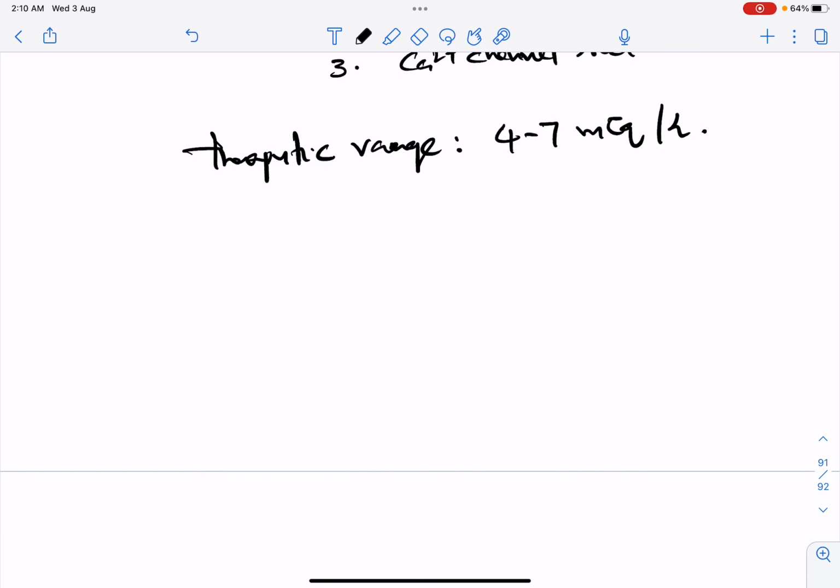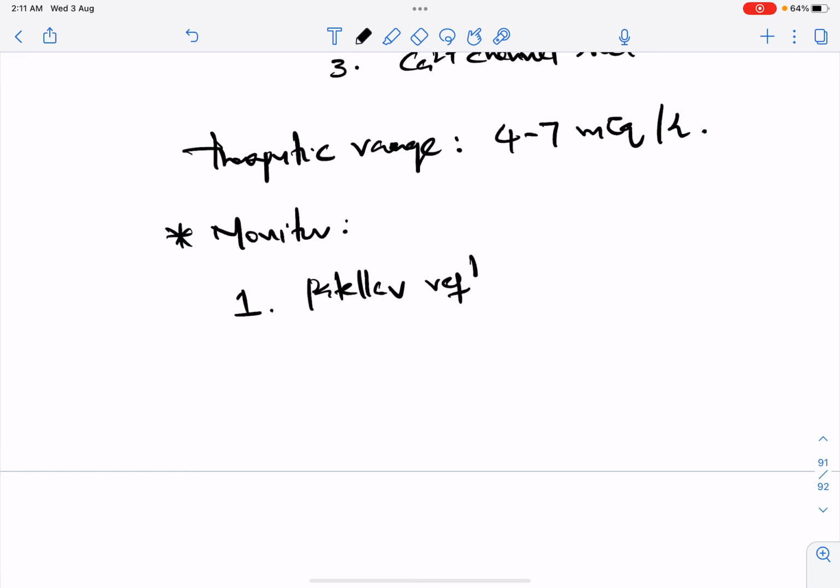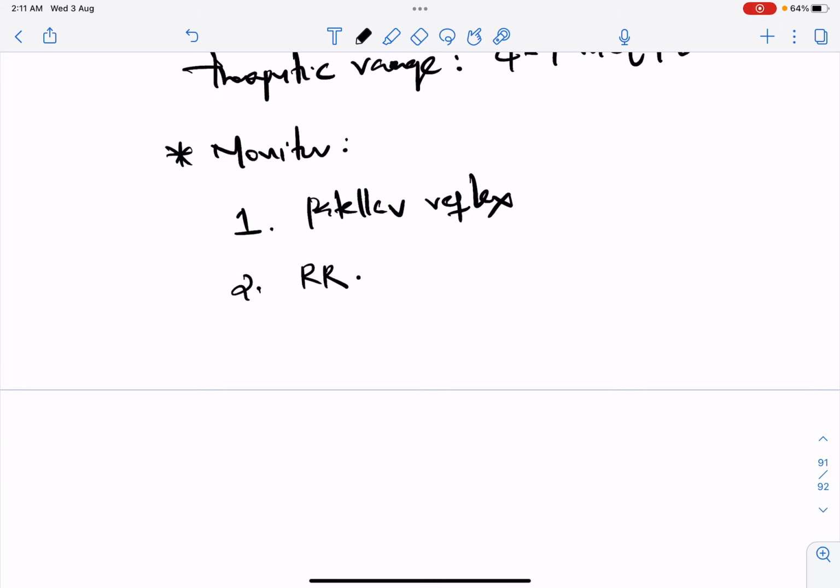So you have to monitor for MgSO4 toxicity. How to monitor? You have to check patellar reflex, monitor respiratory rate and also urine output.